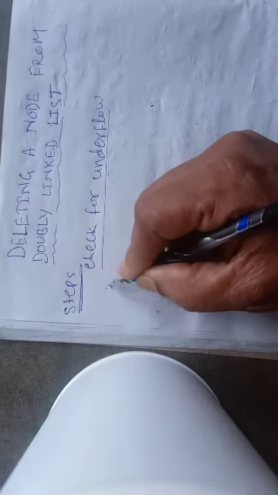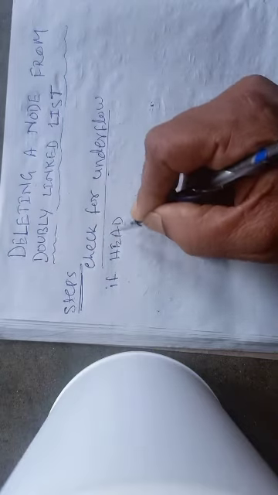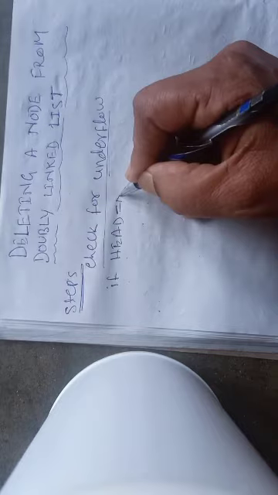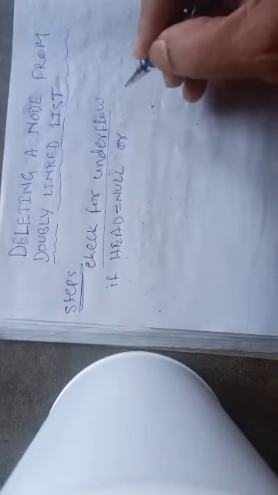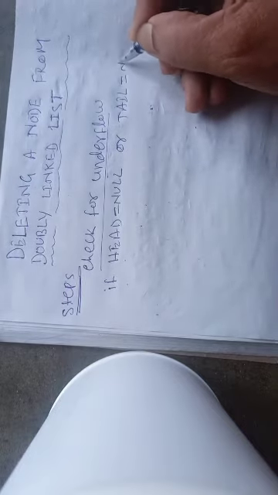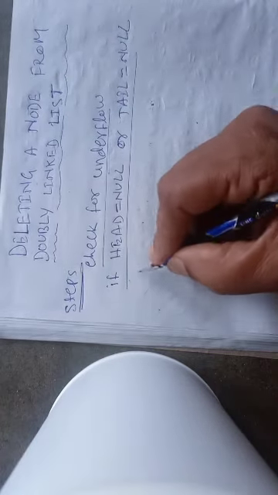So we will say, head is a pointer variable which is used to point to the first node. So if head equals null, or we can write if tail equals null, then this is the situation for underflow.